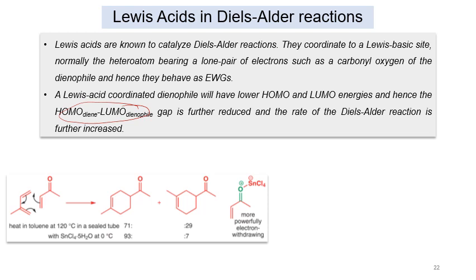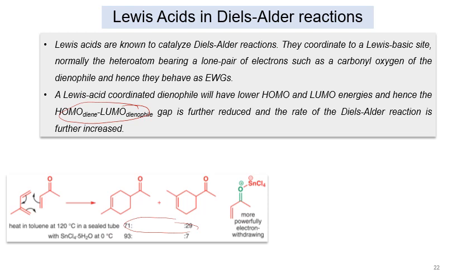As you can see from this particular transformation, without any Lewis acid, if this mixture of methyl vinyl ketone and the 2-substituted butadiene are reacted in a sealed tube at 120 degrees, this is the mixture of products that is formed.